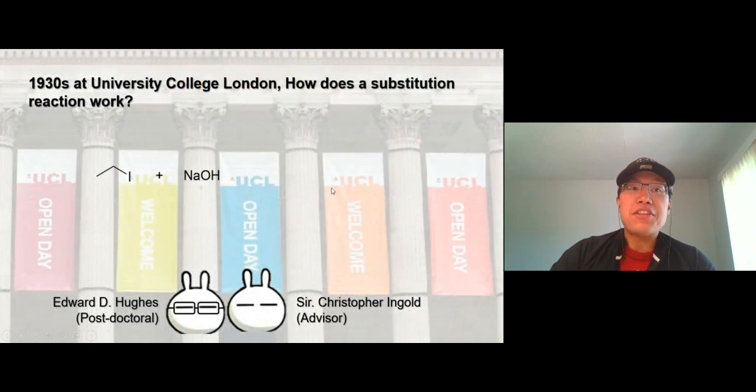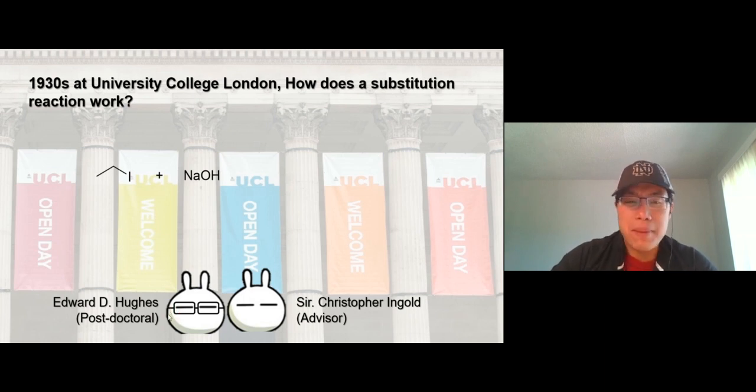Anyway, so when I go back in time, okay, in the 1930s, even before Chris Martin was born, way before, at UCL there was one professor and his postdoctoral fellow. We have Dr. Hughes, just freshly graduated from a PhD program. I'm not sure where he's from.